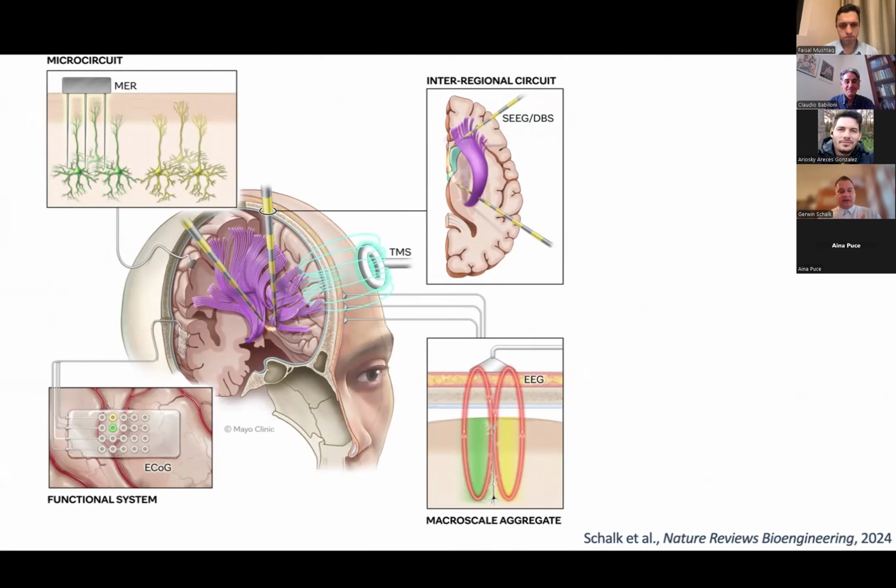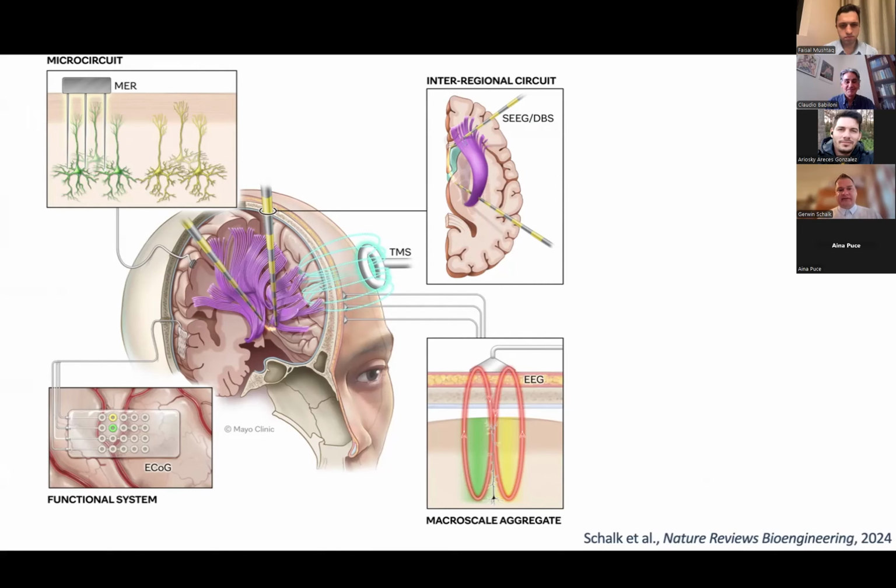So we now not only have scalp recorded EEG, we have subdural recordings like ECOG, electrocorticography, that you see on the bottom left. On the top right, you see a diagram of stereo EEG and DBS recordings, and obviously we can also have at least some access to multi-unit recordings in humans.